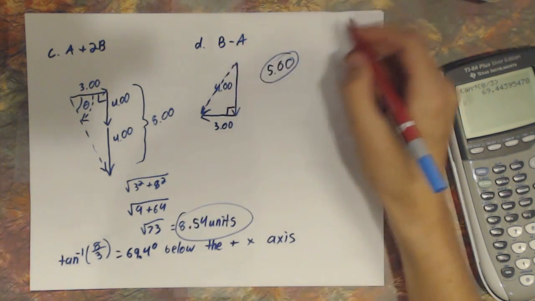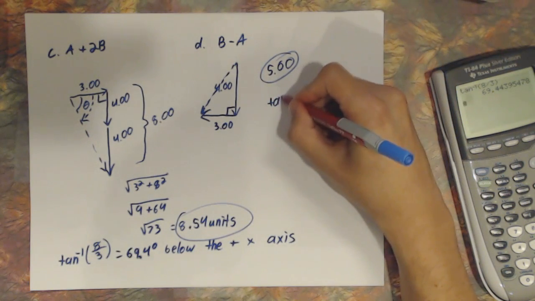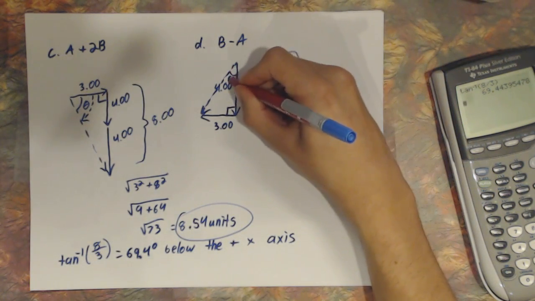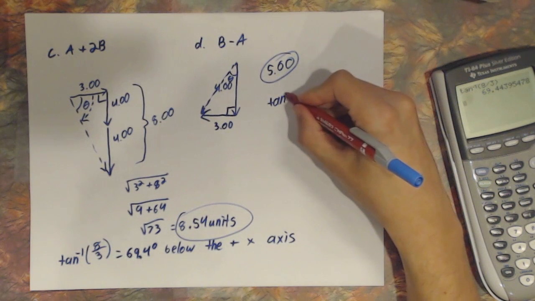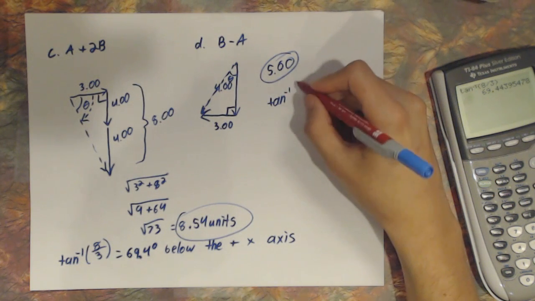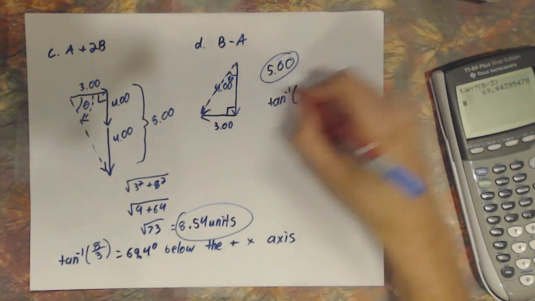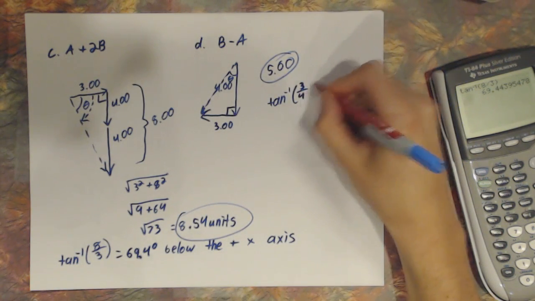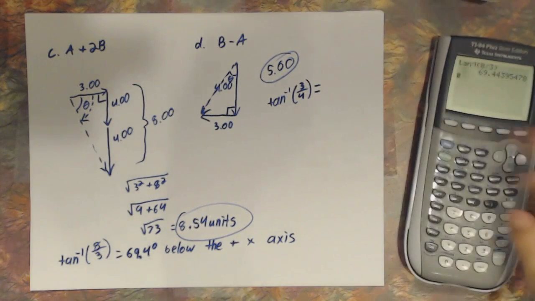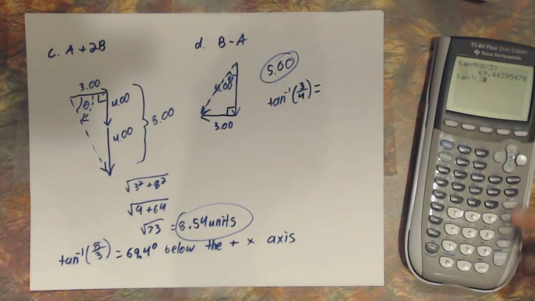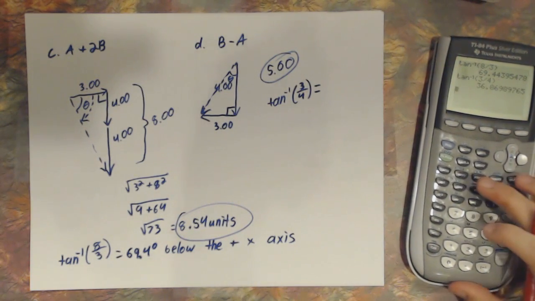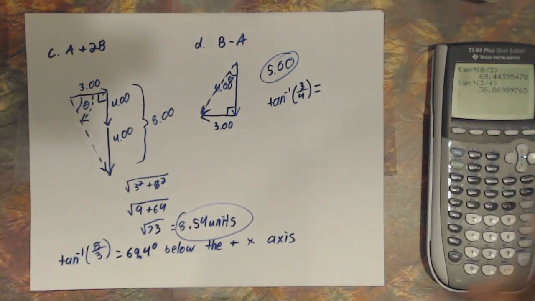And then to find our angle, we're going to take the inverse tangent. This is our angle. Actually, the inverse tangent of 3 over 4, which is going to be 36.9 degrees.